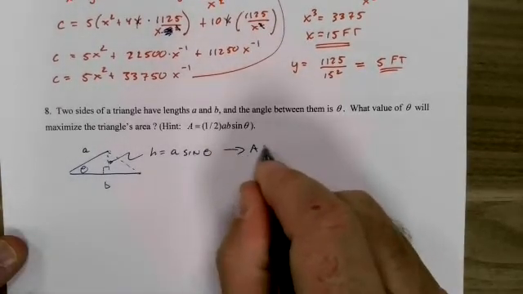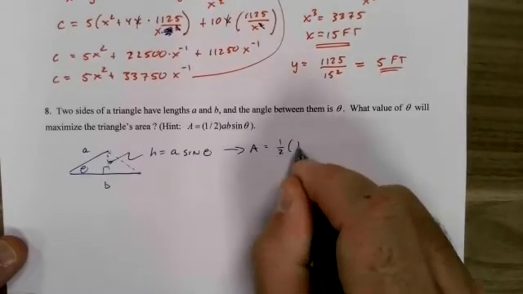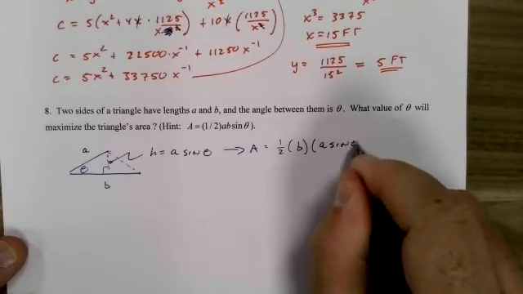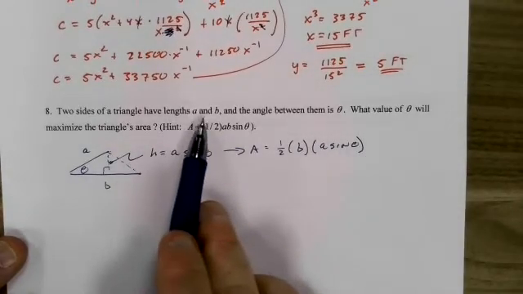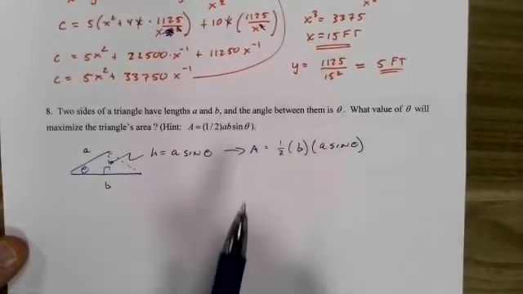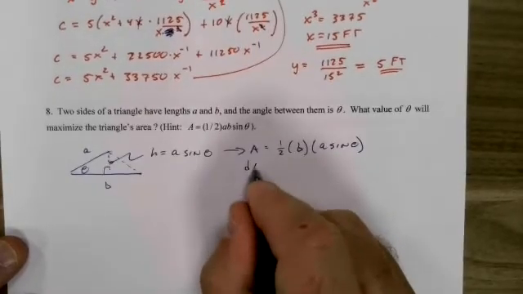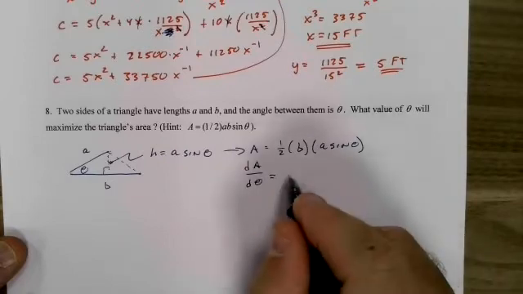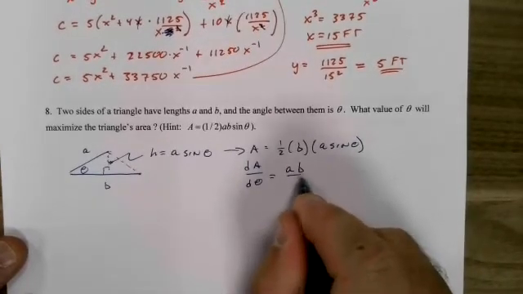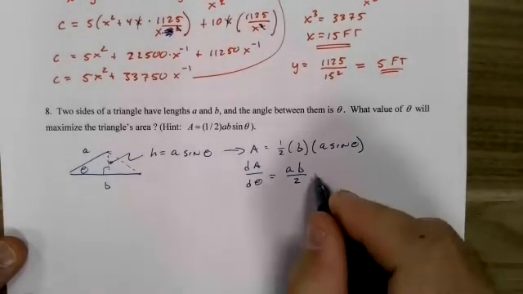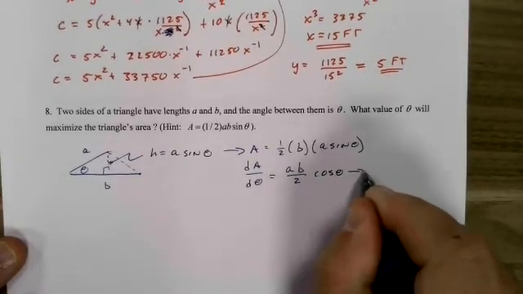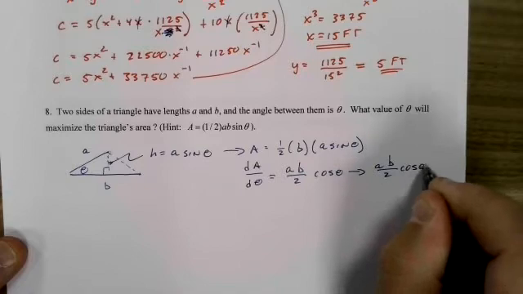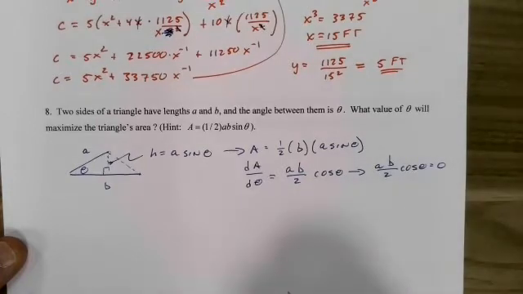The area equals 1/2 the base times the height, which is A sine of theta. A and B are constants. Theta is a variable. So when we do a derivative, we do it with respect to theta, which means AB over 2, just a constant, cosine of theta. Set AB over 2 cosine of theta equal to 0.